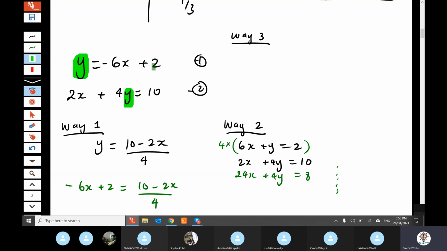Well, it equals this green bit. So this is where substitution comes in. You can substitute equation 1 into equation 2 straight away. So it'll look like this. And then you go about doing it. Whatever. It doesn't matter. Just do one. Be really strong at it. Get the answer. That's all we care about.